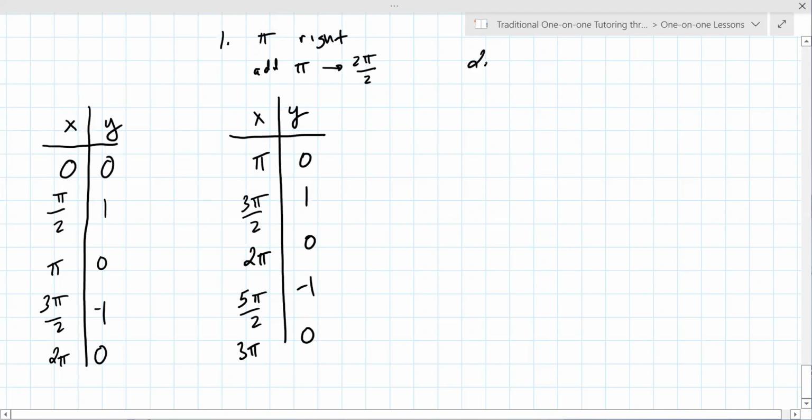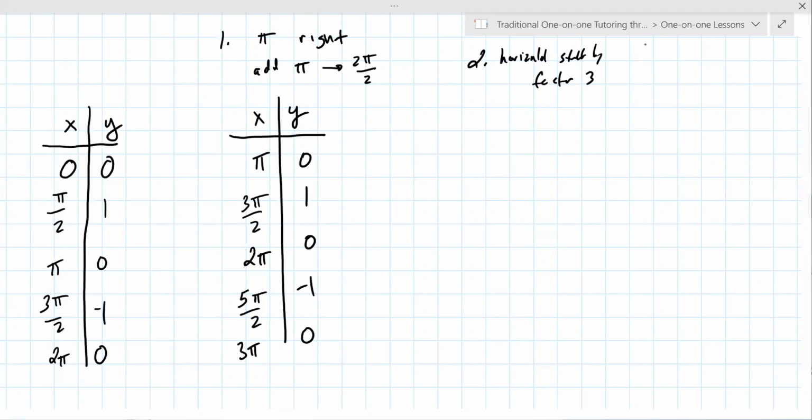So the second transformation is a horizontal stretch by a factor of 3. Now you're going to say it's 1/3. Yes, but when it's inside parentheses, you do the flip of it, or the undoing of it. So it's really 1 over 1/3, which is 3. In terms of what you're going to do, you multiply everything by 3. Multiply your x by 3.